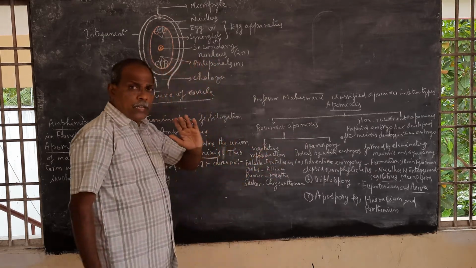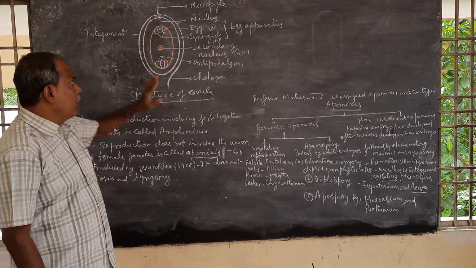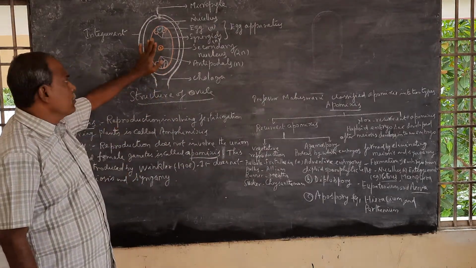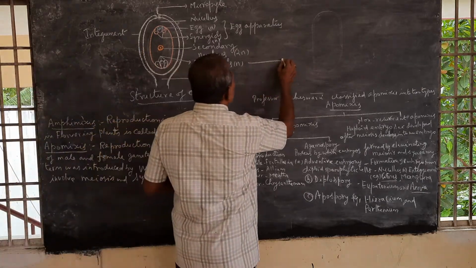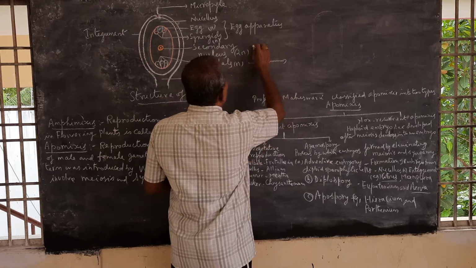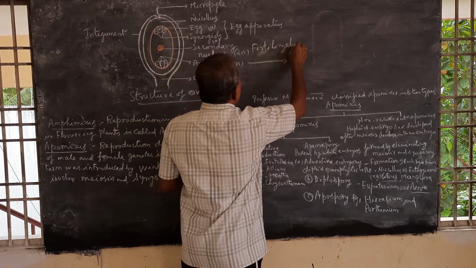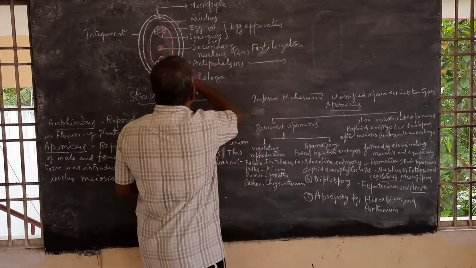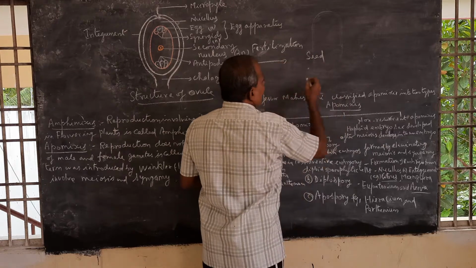So next is polyembryony. Generally, what happens to the ovule after fertilization? The ovule develops into a seed. So, monocot seed, dicot seed.